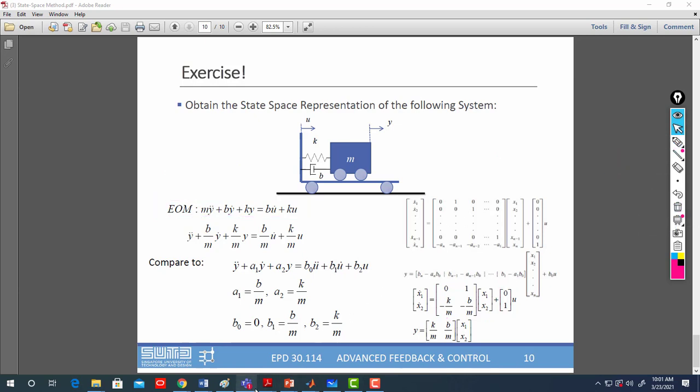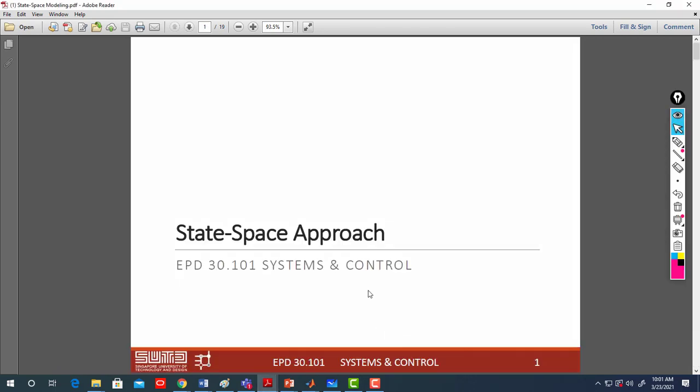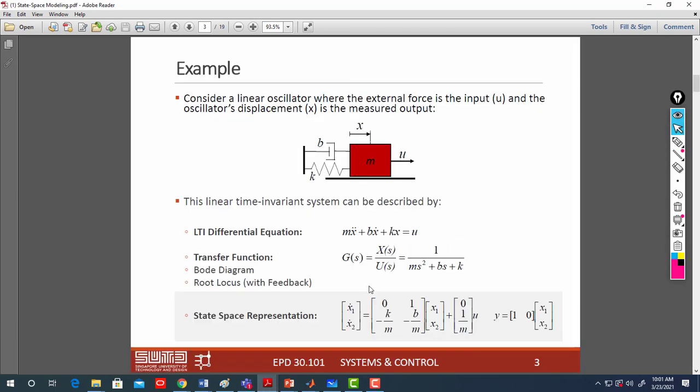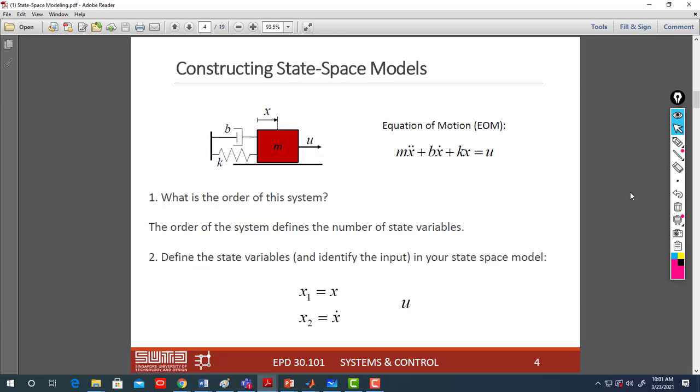Well, up to now in the previous sessions, we saw that you have 4 steps if your equation of motion has no input derivative. What's the order of the system? The order defines the number of state variables, defines the state variables, and identifies the input in your state space model.